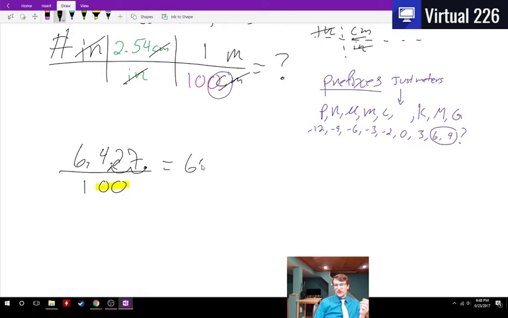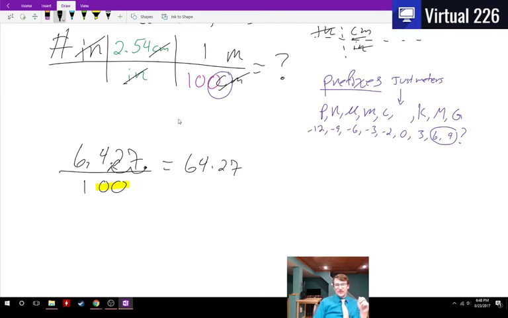So this is just 64.27 now. And if we were multiplying instead, the decimal would just move back over to the right. So if you're ever dividing or multiplying by 100, 1,000, 10,000, 10 million, you know how many zeros are there, probably because of your metric prefix, and you can just drop that 0 back and forth. Makes life very easy. Okay?